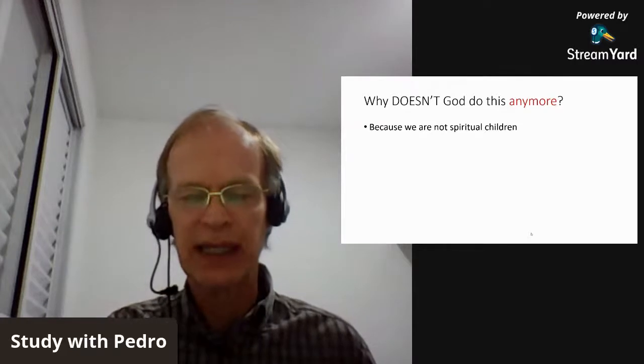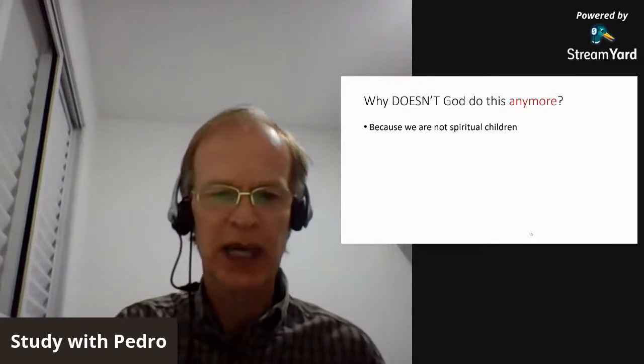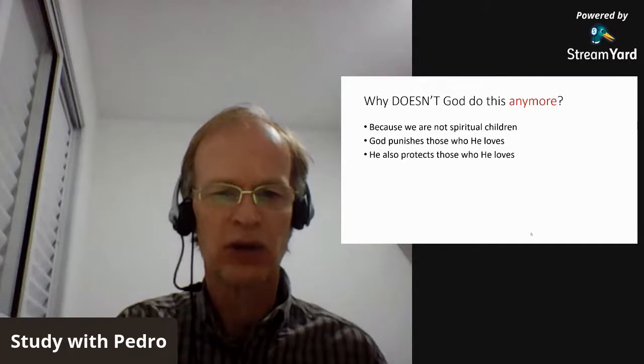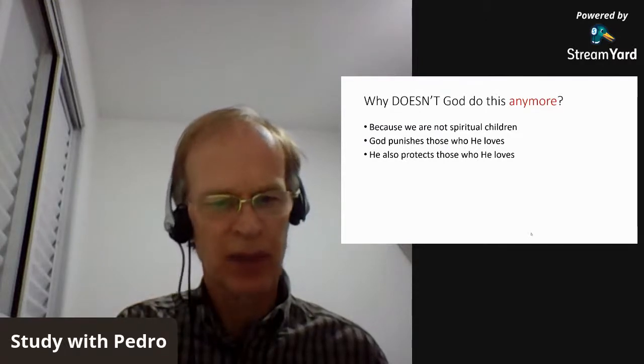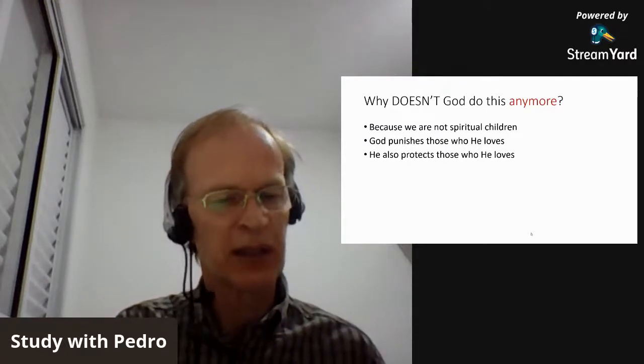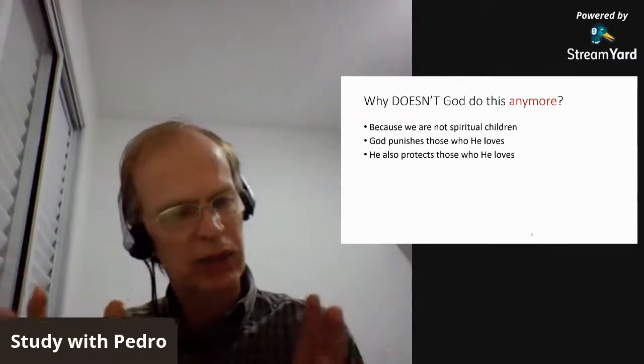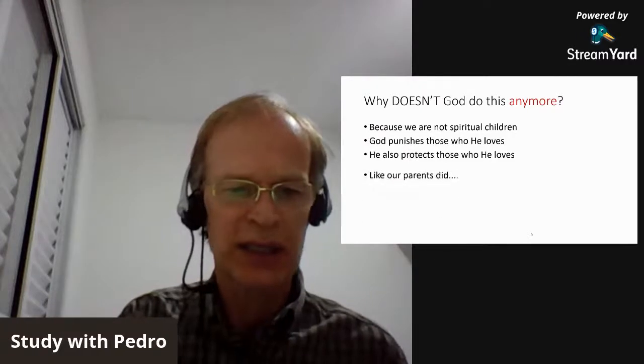For Israel, they were spiritual children. They needed the protection, proteção. God punishes those who he loves, but he also protects those who he loves too. This is our definition, God's definition. Our thoughts are not his thoughts. We'll see later.